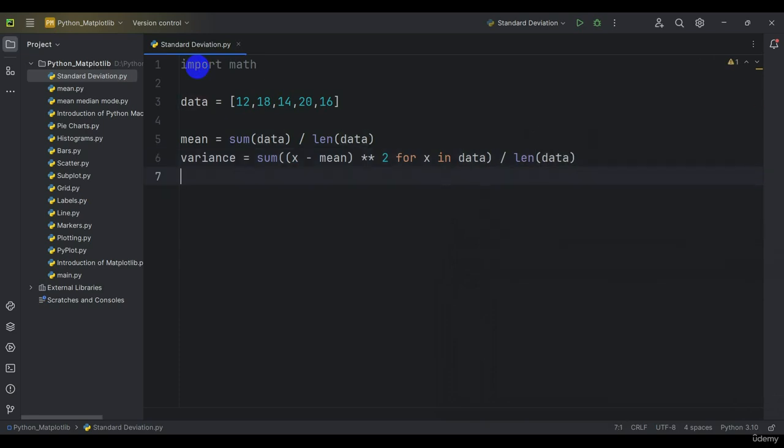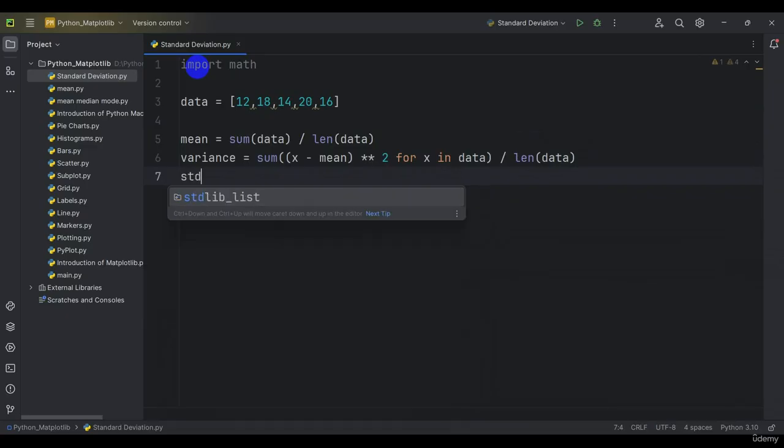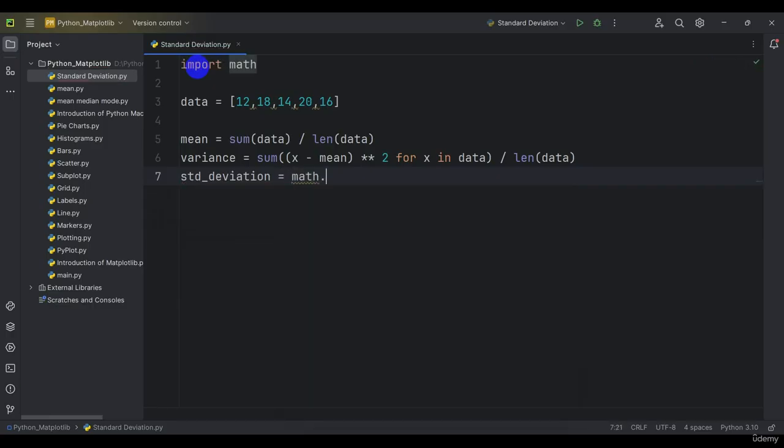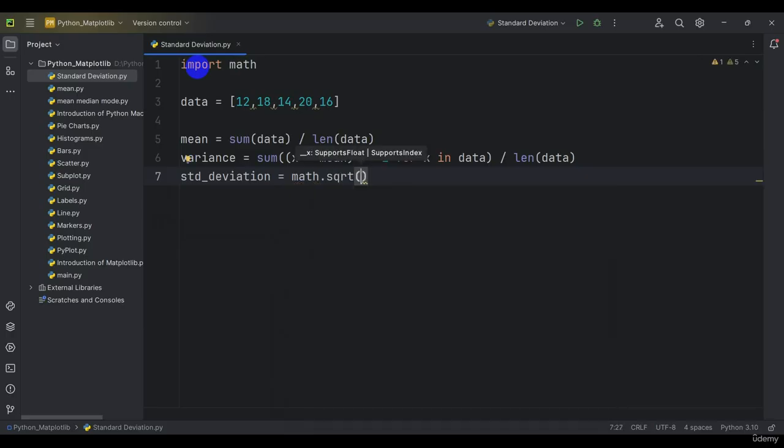Now I create the standard deviation, short form std underscore deviation, equal to math dot sqrt of the variance.